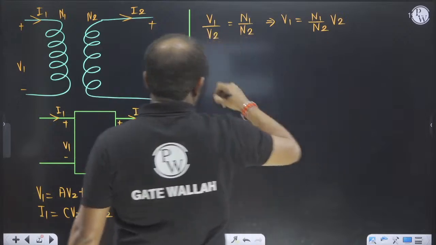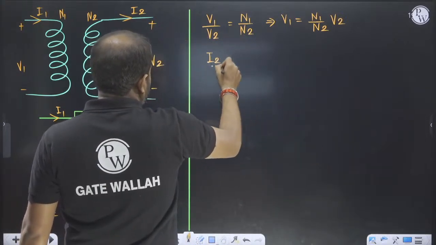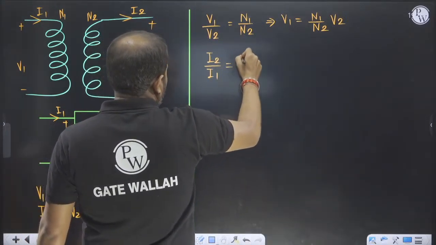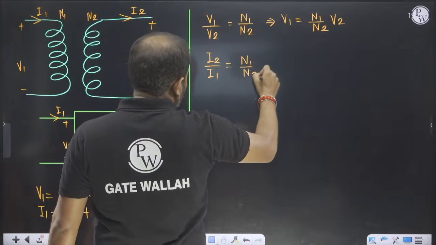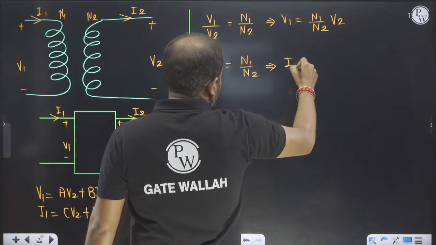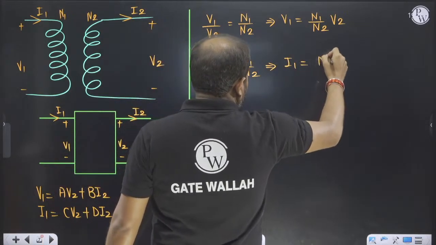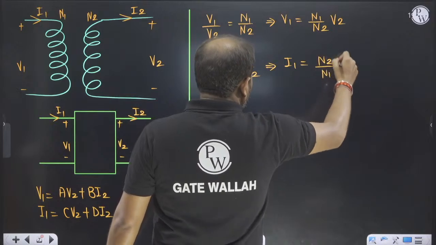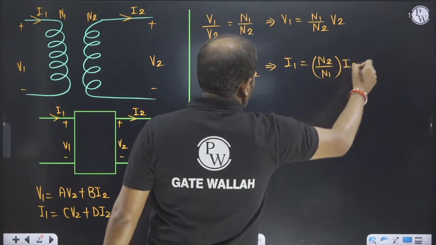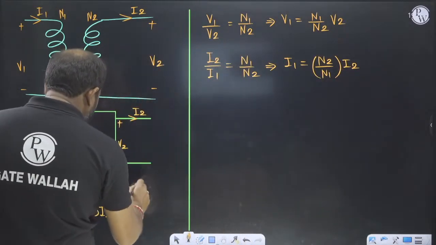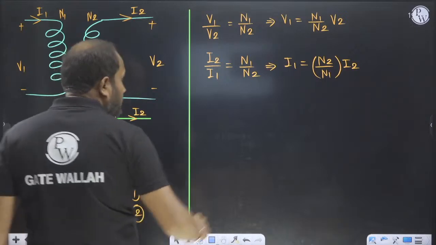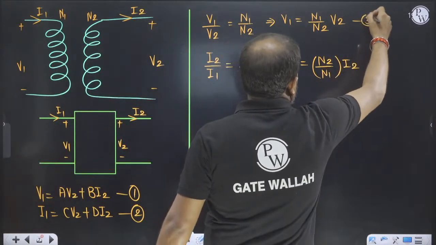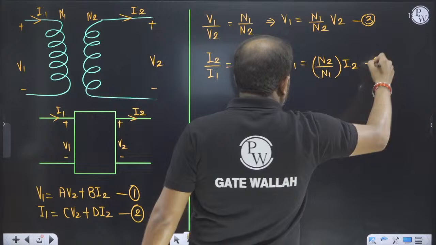And I2 by I1 is equal to N1 by N2, so I1 is equal to N2 by N1 into I2. This is equation 1, this is equation 2, this is equation 3, and this is equation 4.